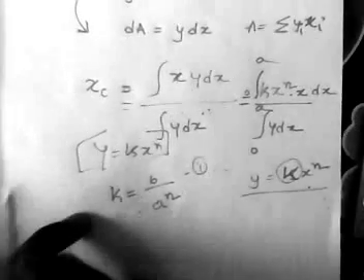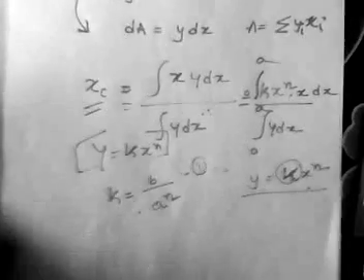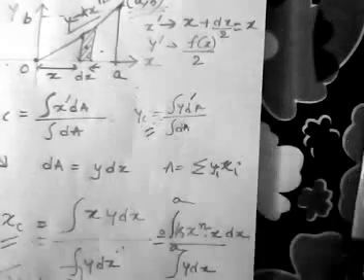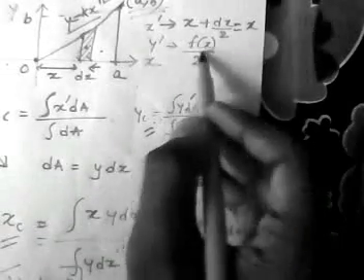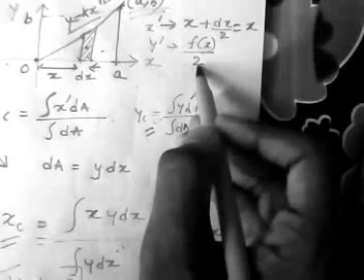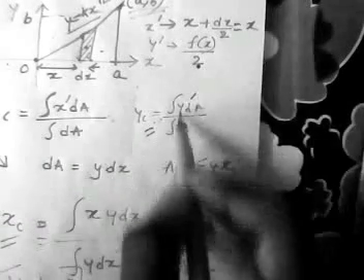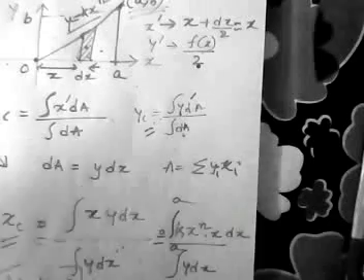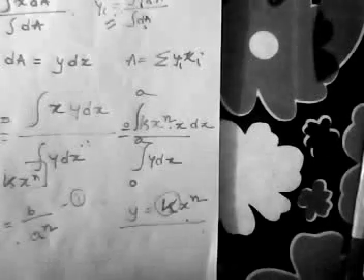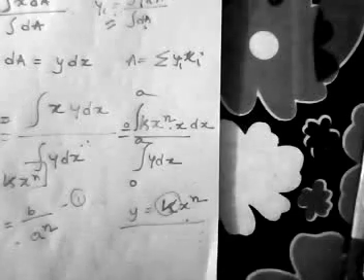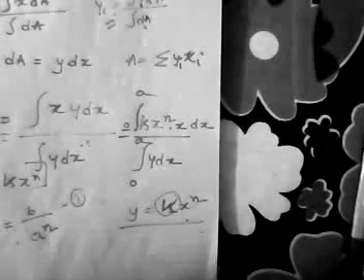If you satisfy the equation y equal to k x to the power n, then you can find the value of k. Here y is b and x is a, so b equals k a to the power n. So the value of k you can easily find out by putting the values of a and b in this equation.